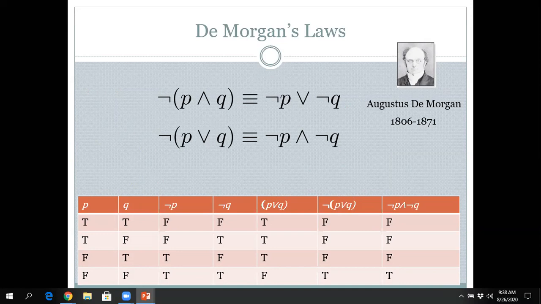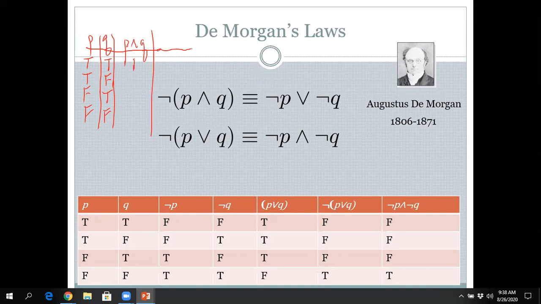But let's at least make a little truth table here. Here's P, here's Q. We're going to go true, true, false, false, and true, false, true, false. Of course, P and Q, we know what that is, right? So that's going to be true, false, false, false.